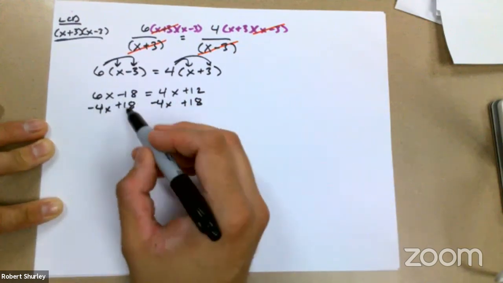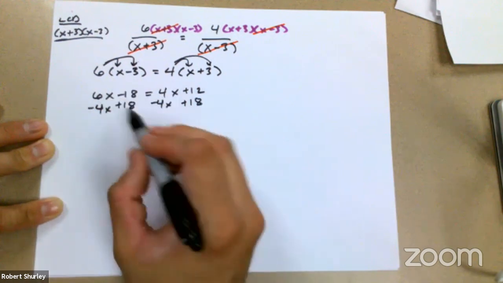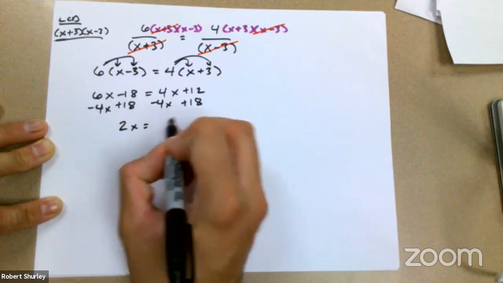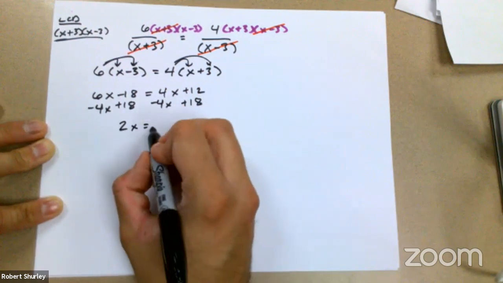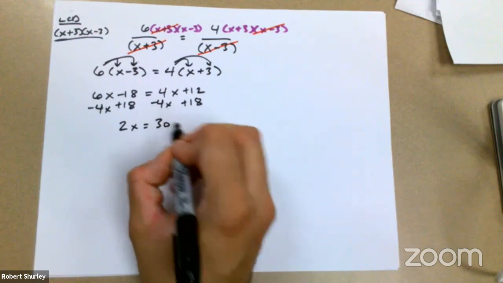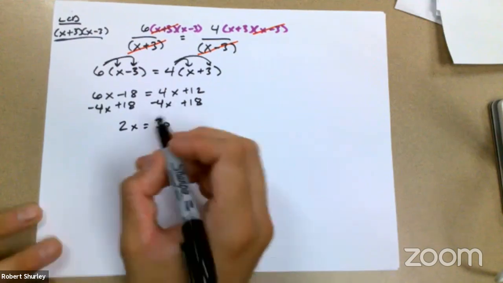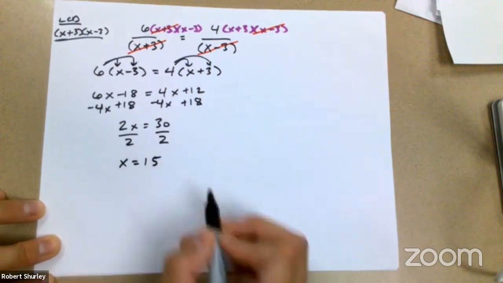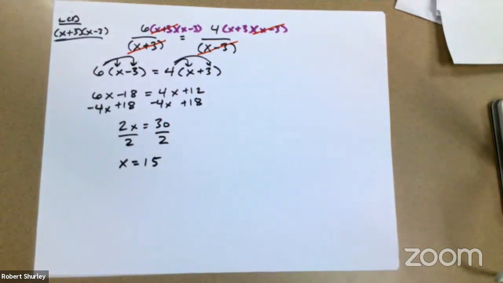The negative 18 is gone because we added it away. 6x minus 4x is 2x. These cancel. This leaves me with 30. Oh, we got it right. Divided by 2, I'll end up with x equals 15.